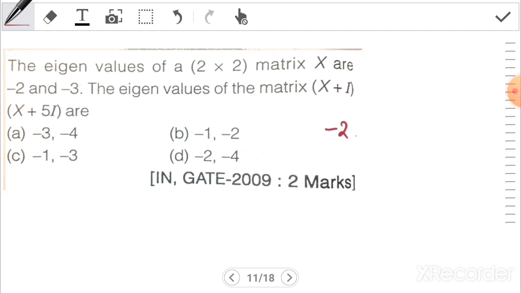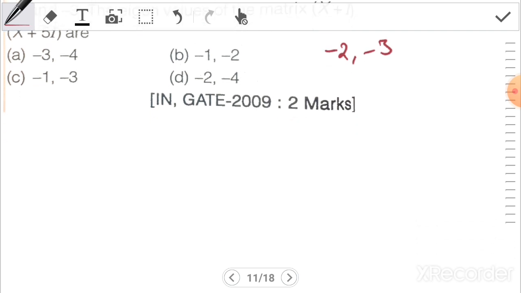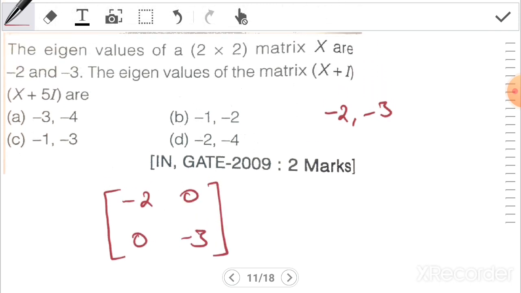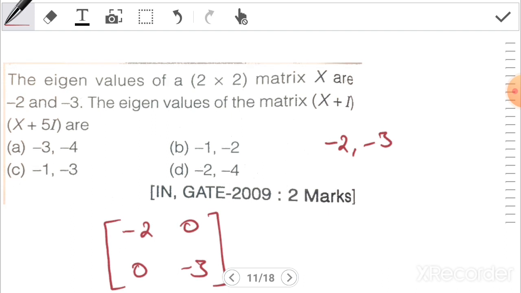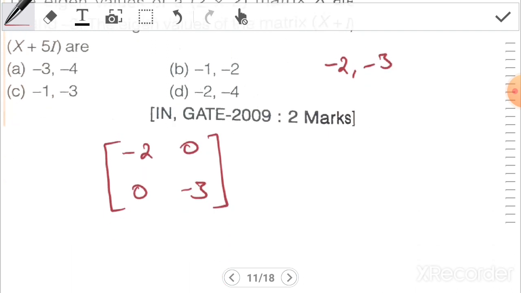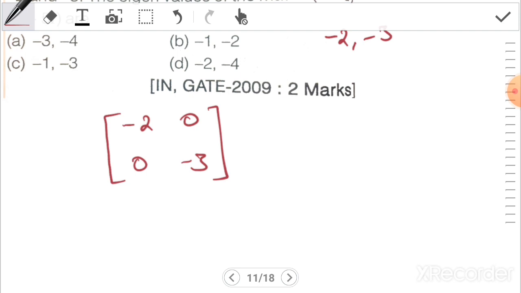With only this information, we can construct a diagonal matrix which has eigenvalues as minus 2 and minus 3. Since we don't have any additional information given, we can construct a diagonal matrix in this way.